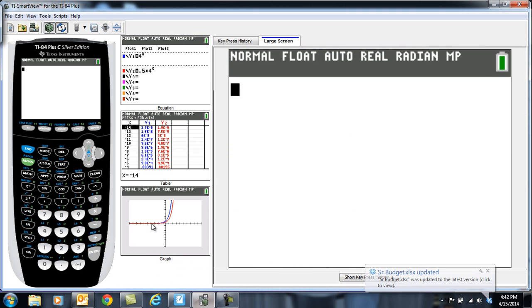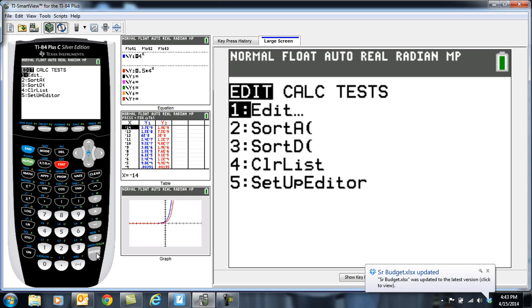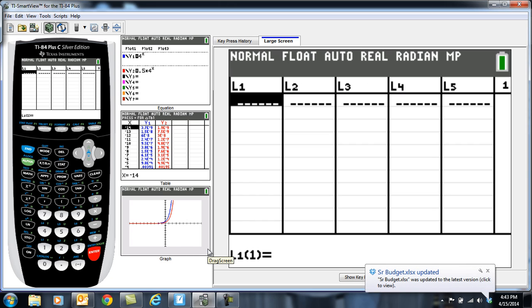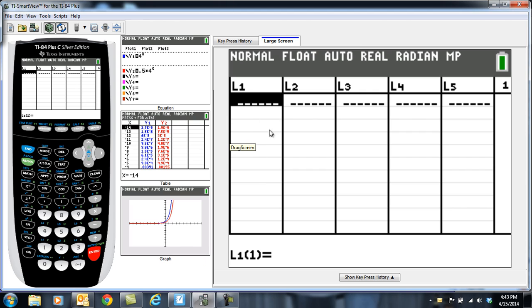So we're going to go to our calculator over here, and we're going to go to Stat and Edit. And then we're going to put the car's age into list 1 and the value of the car into list 2. So I have 0, 1, 2, 3, and 4.